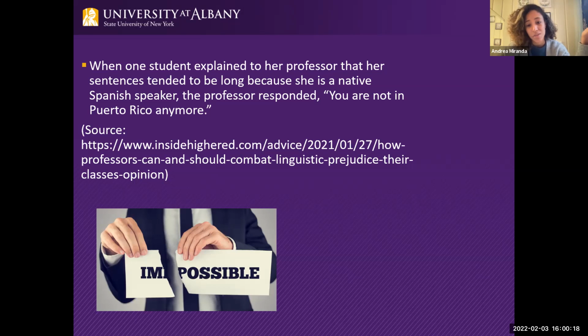Number one, Puerto Rican students, some of them are part of the US, but for some of them, their first language is Spanish, and they are coming here to the US for economic reasons, political reasons. They're coming to the US and receiving these types of responses. It's a perpetuation of trauma for them, and for me, it's unacceptable.